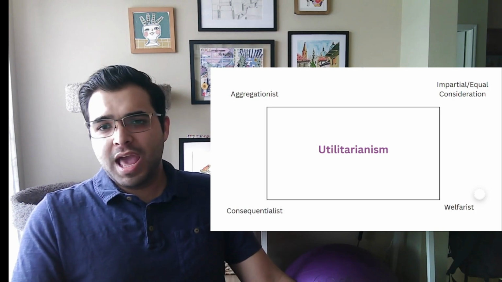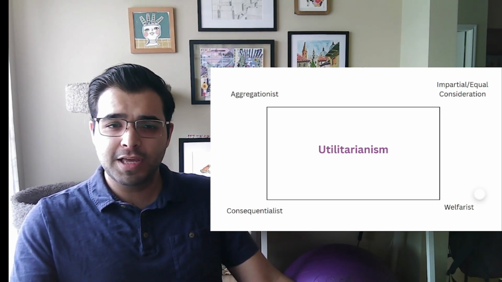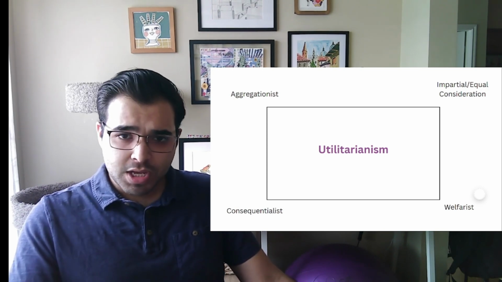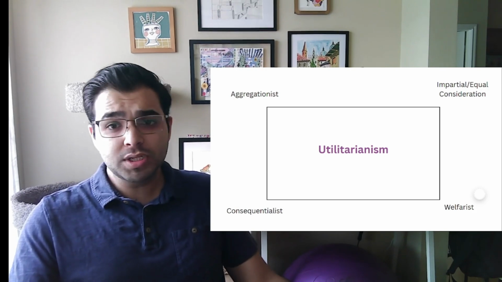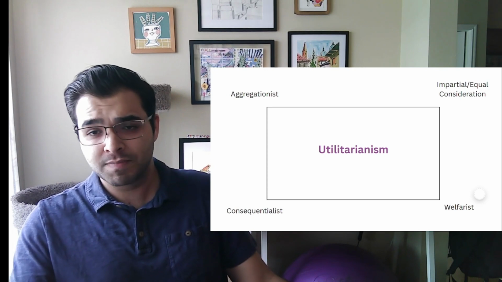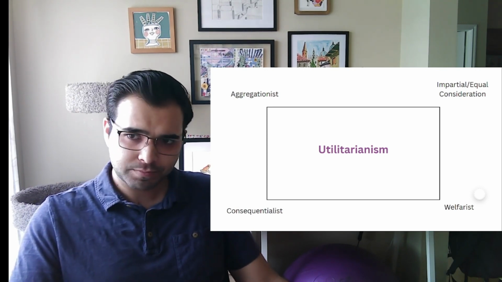Hedonism is a theory of the good, which says that the good thing in life is pleasure, and the bad thing in life is pain or suffering. So in terms of consequences, utilitarians are trying to bring about the consequences that have the most amount of happiness for the people involved, and trying to avoid pain.